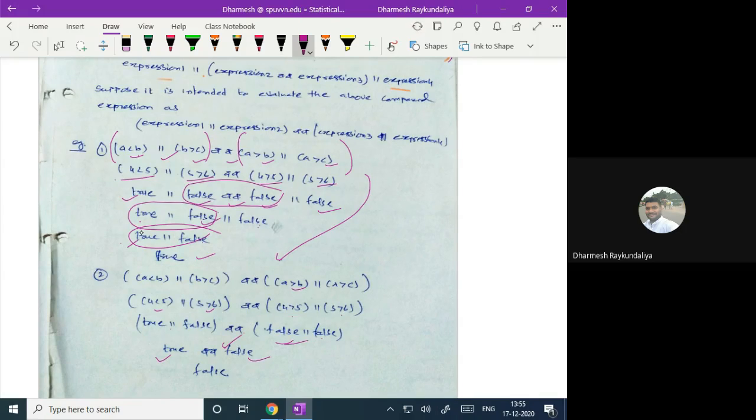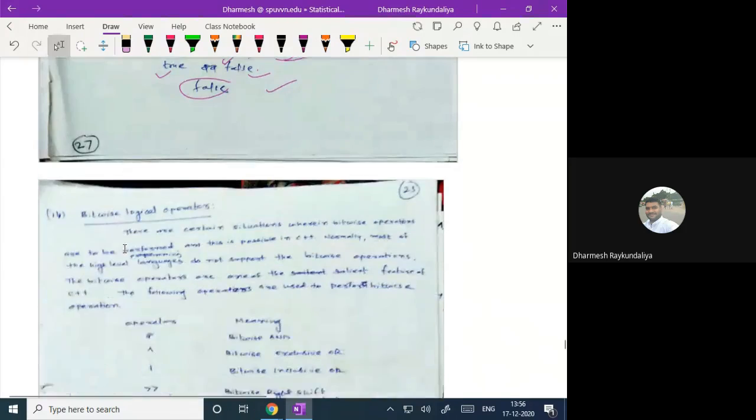Because the bracket has the highest precedence, whatever is in the bracket executes first. So true logical AND false, the result is false. Here you can see the result is true, and here it is false. So if you wish to evaluate this way, you should always use the brackets. Why? Because certain operators have higher precedence over other operators. Logical AND has higher precedence over the logical OR.